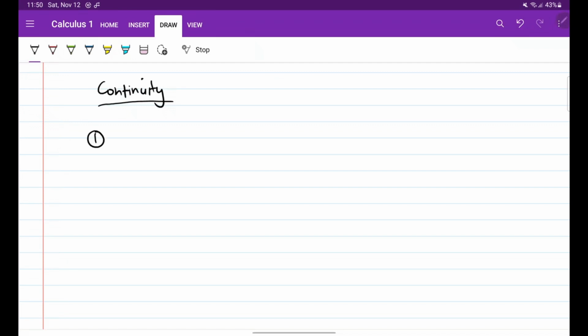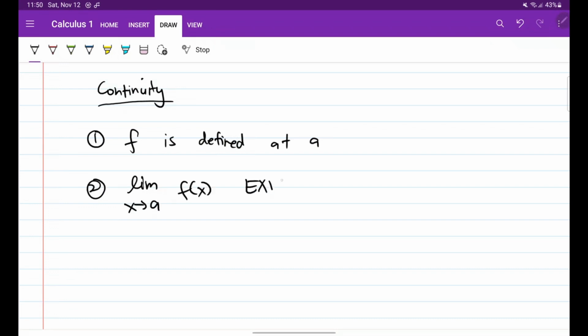Okay, so the first one is f should be defined at a. So, ibig sabihin nito na yung denominator is not 0 and may value yung f of x at a. Okay? Second na criteria natin is that the limit as x approaches a of f of x exists.